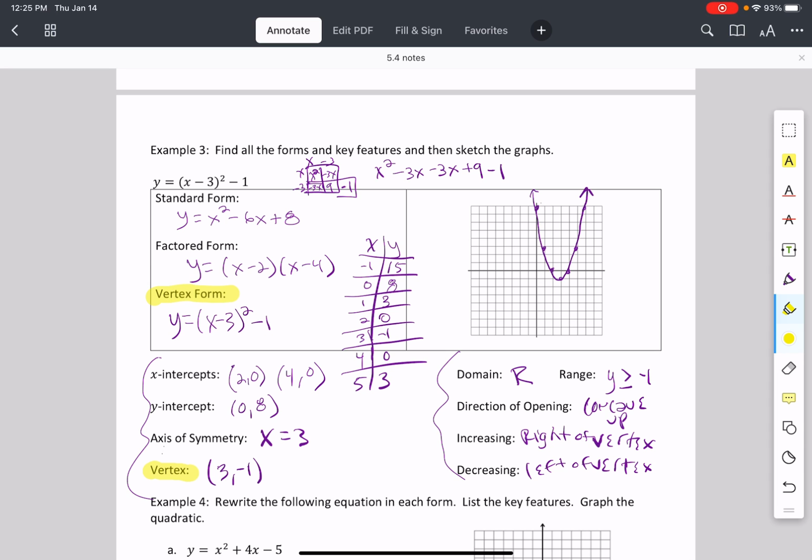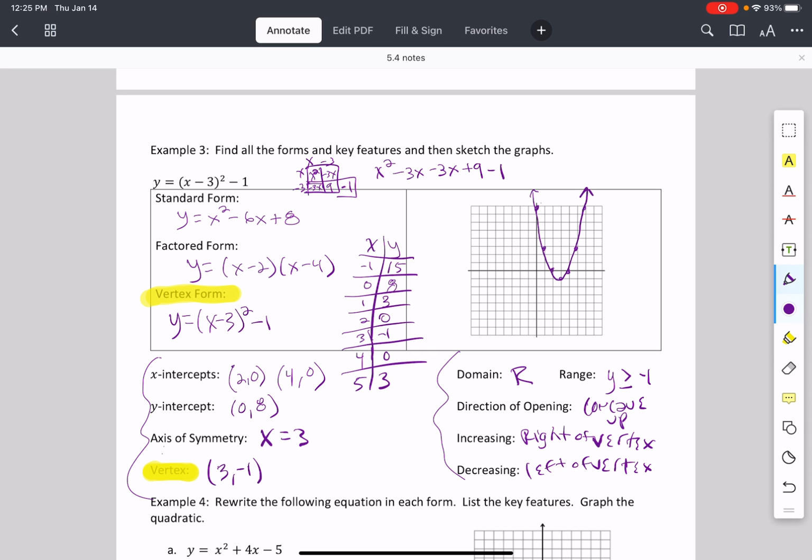Oh, I'm sorry. Let me repeat my question so that it makes more sense. We're going to figure out how to get all of this information down here, not from the graph, but from these three equations. I was going to start with the vertex. So if I'm looking at the vertex, which of the three forms do you think I'm going to look at? Okay. So it's vertex form. All right.